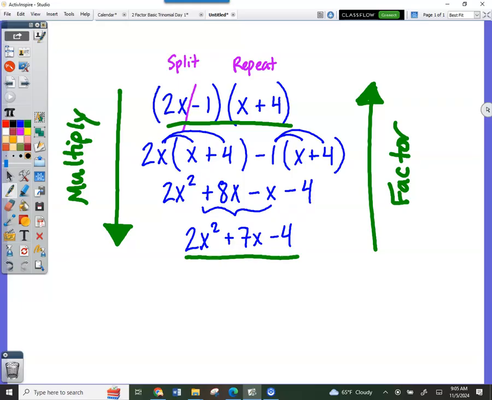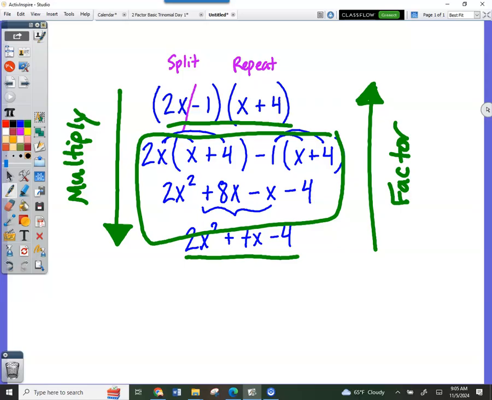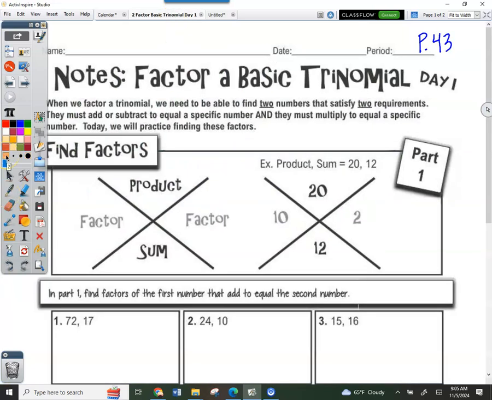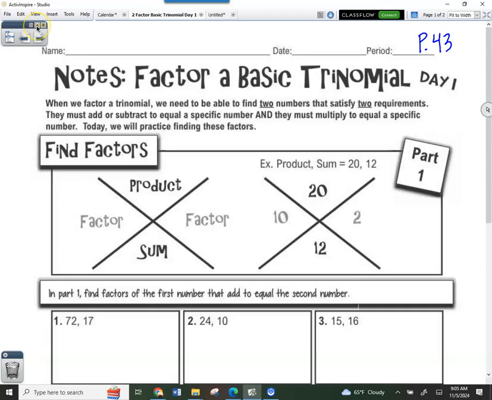Before we get to the part in the middle, you've got to know how to organize these numbers, which is what this sheet's for. This sheet is showing you how to organize your numbers before you actually start the factoring process. So this is step 1. Let me explain what we've got going on here.